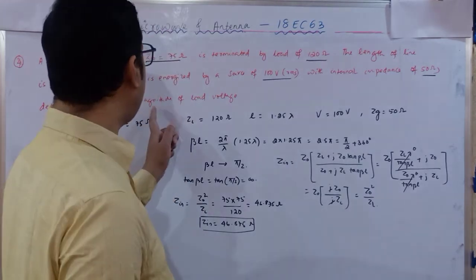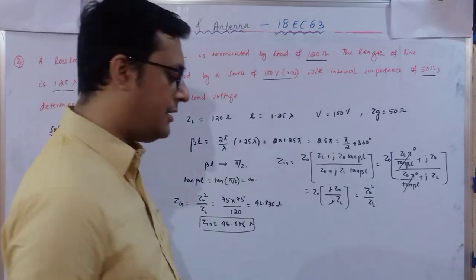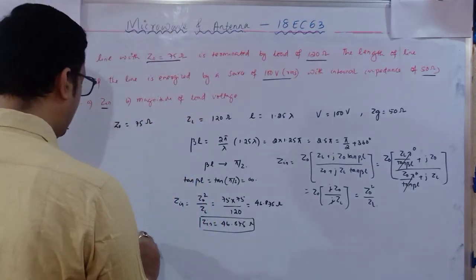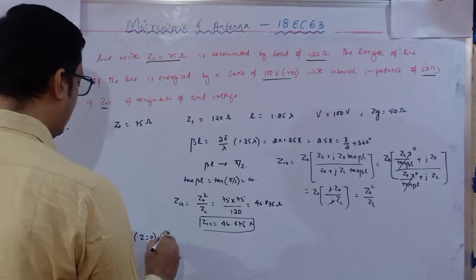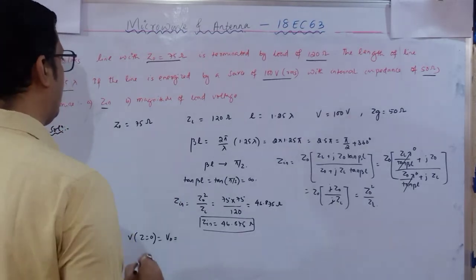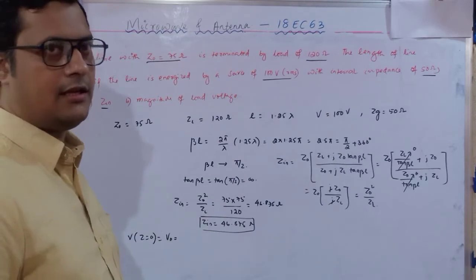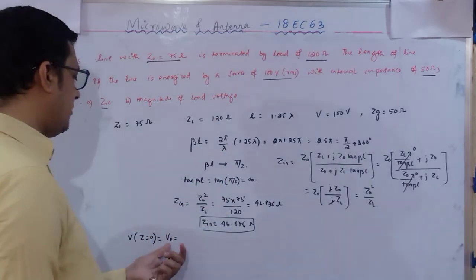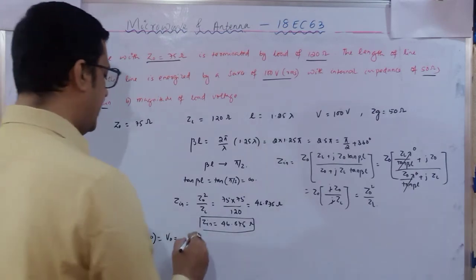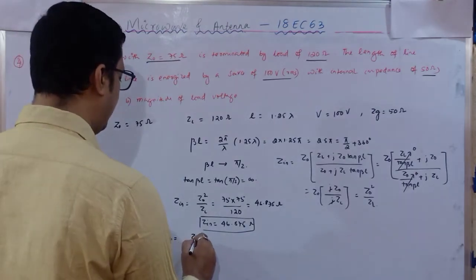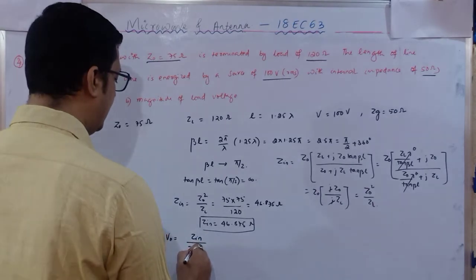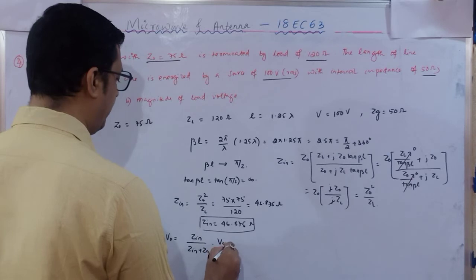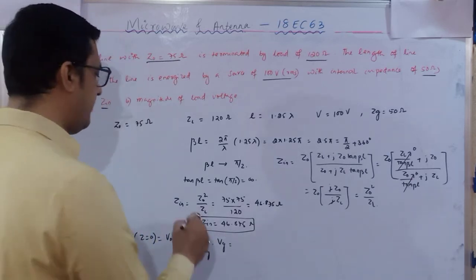Similarly, next we have to find out the magnitude of the load voltage. So V at z equal to 0, V0, we have to calculate the magnitude of the load potential at this particular point. At z equal to 0, V0, what will I get? I will get Zin divided by (Zin plus Zg) into Vg. So what is my Zin?